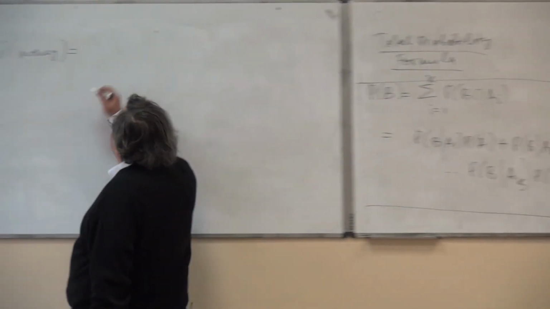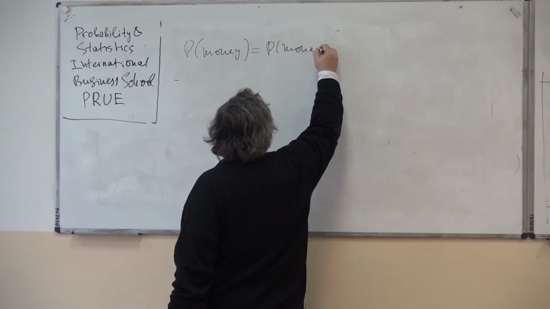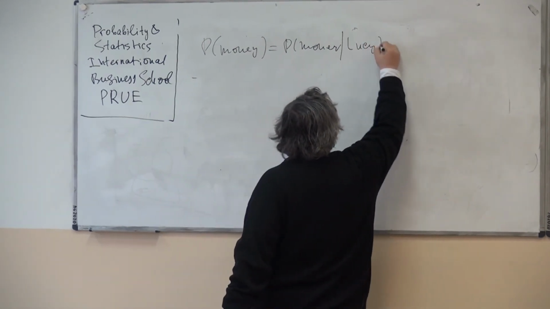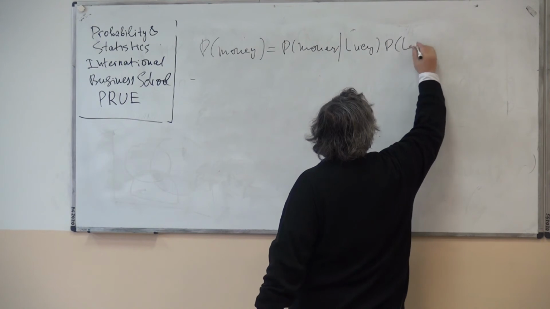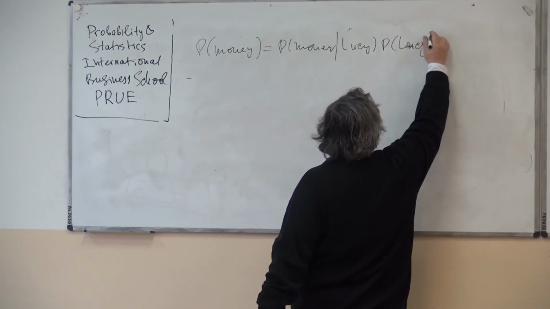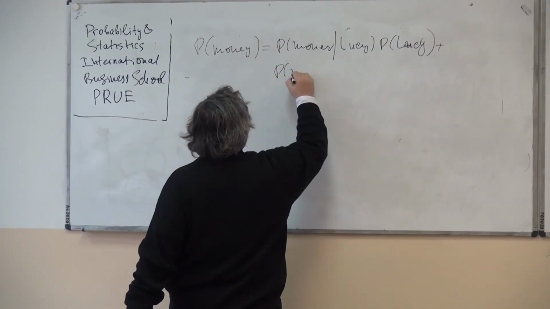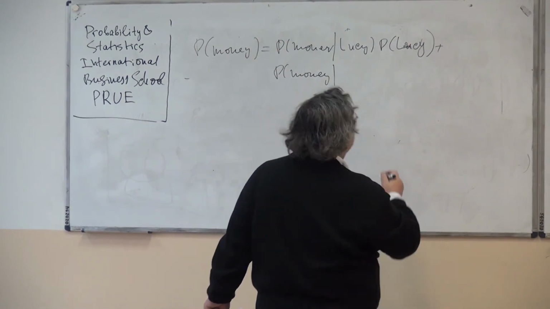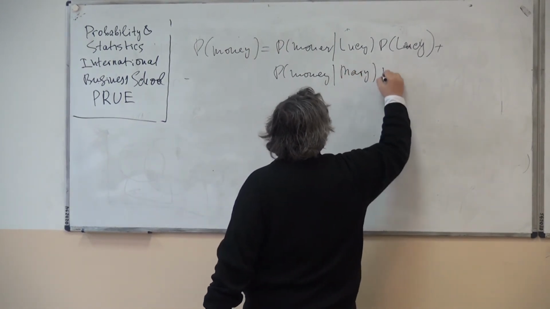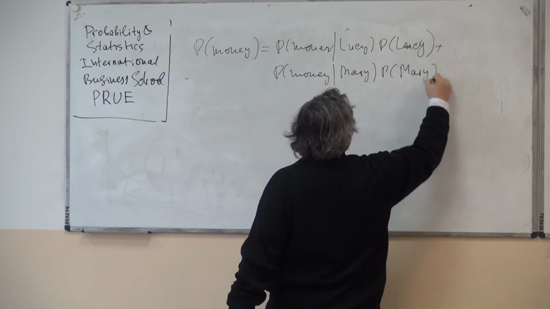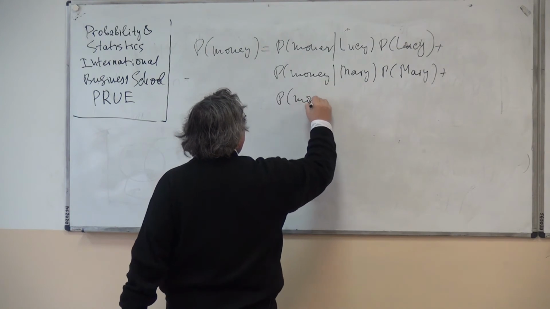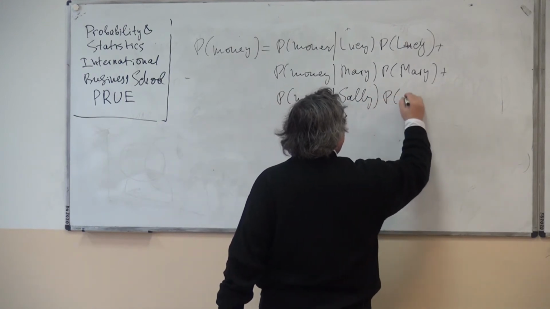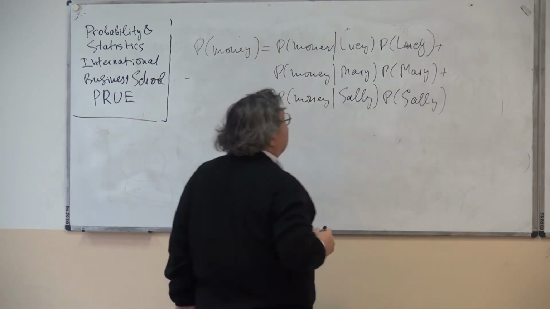All right, so probability of money given that the letter comes from Aunt Lucy times the probability that the letter comes from Aunt Lucy, plus probability that there is money in the letter given that the letter comes from Aunt Mary times the probability of Mary, plus probability of money given Sally times the probability of Aunt Sally.